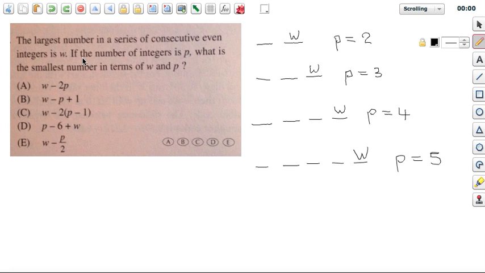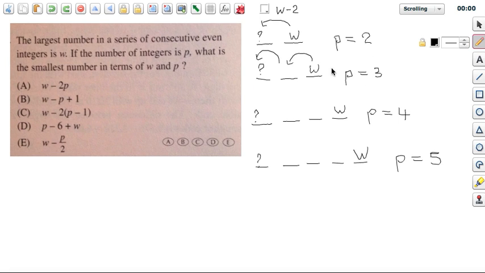Going back to the question, what is the smallest number? So they're asking for the first number in each of these rows. To get to this number, I have to say W minus 2 because it's consecutive even. To get to the smallest number here, I have to say W minus 2 twice.